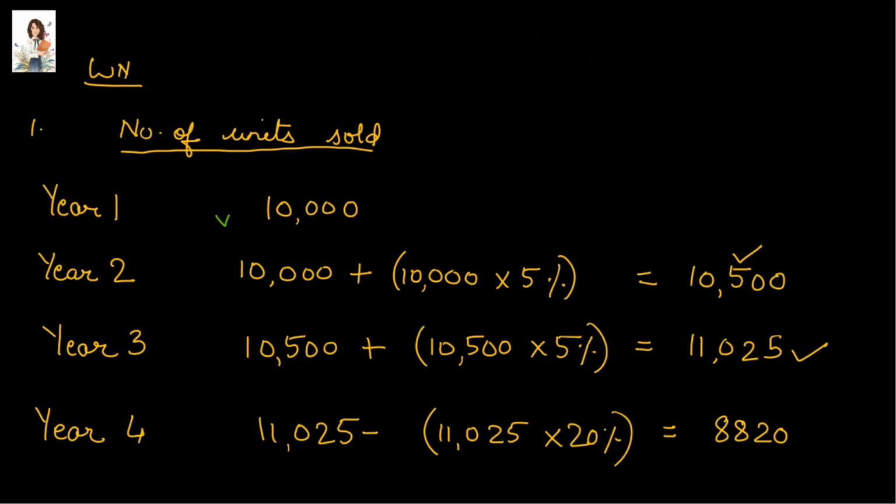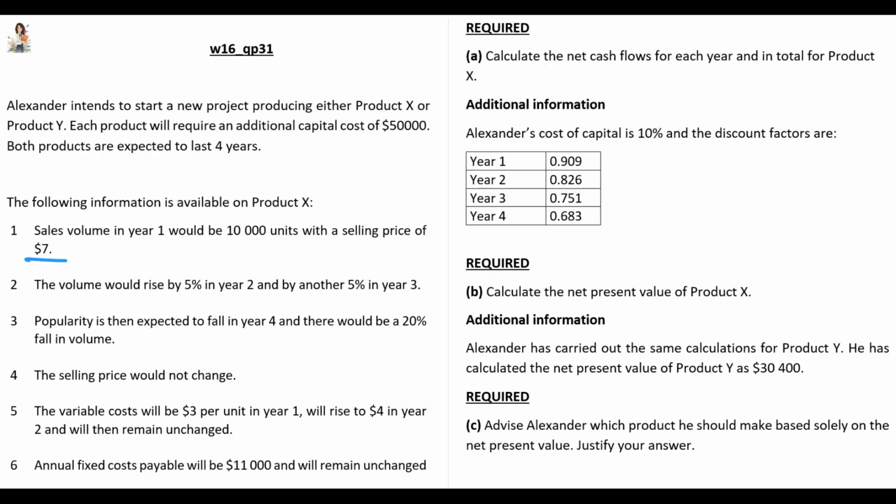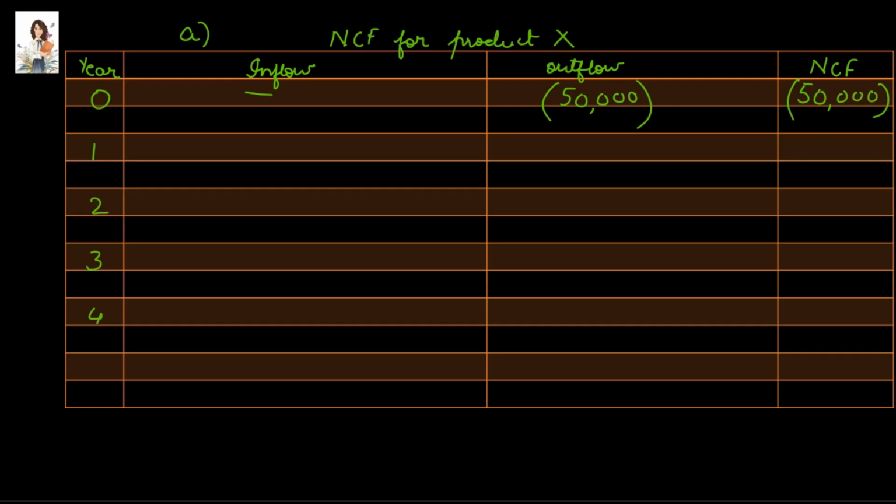In year 1, 10,000 units are expected to be sold as we have seen in working note 1, and we know that each unit will have a selling price of $7. Therefore, the cash inflow for year 1 will be 10,000 units of sales multiplied by $7 per unit, that is $70,000.